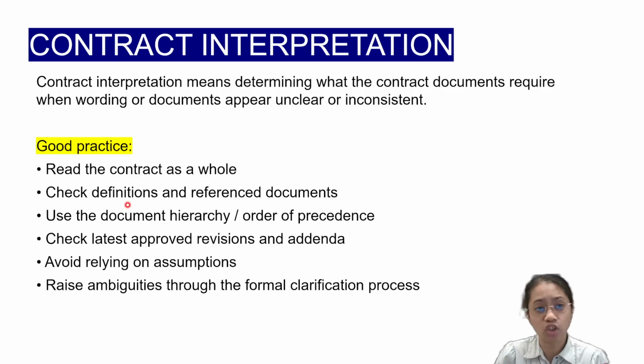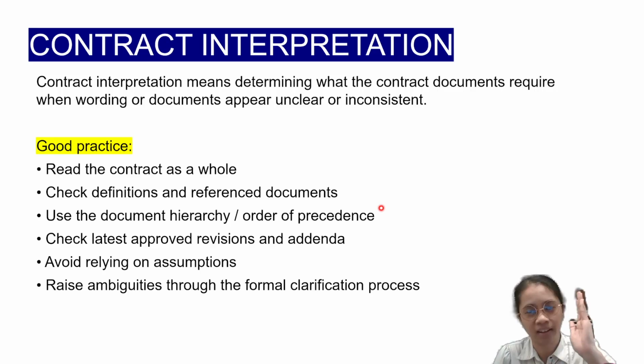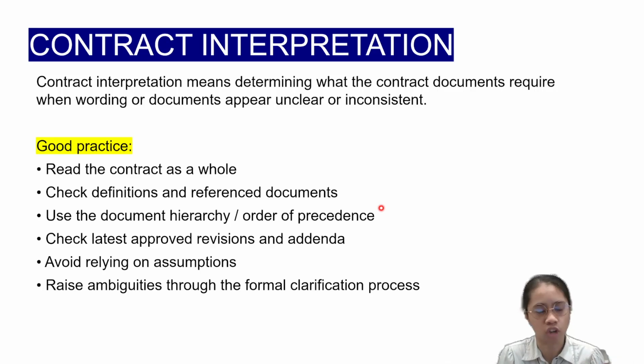Next, you need to check definitions and reference documents. If there is a term or a reference mentioned in the contract, you should always check those definitions as well, because you might have different interpretations. If needed, put a part wherein you define all of the uncommon words, the technical words, the jargon that is used in the contract.